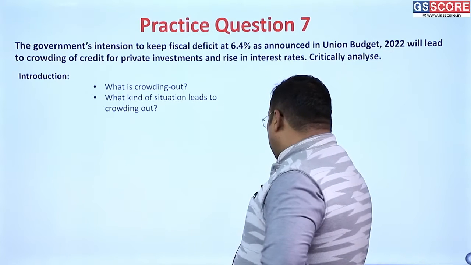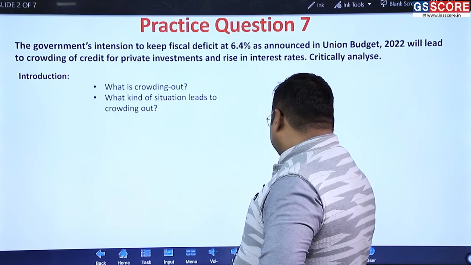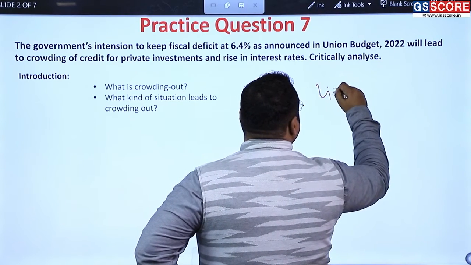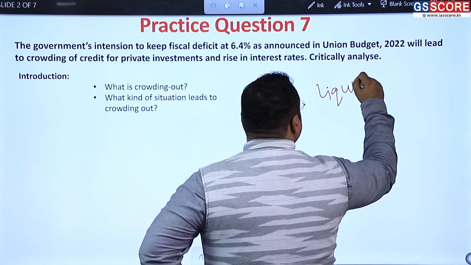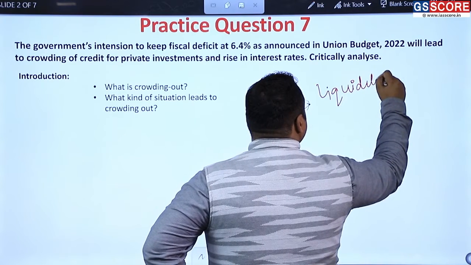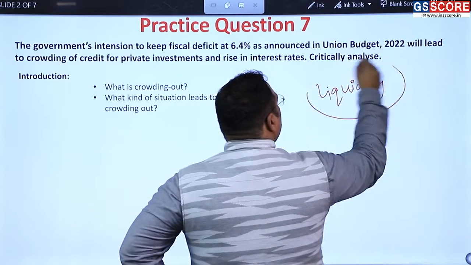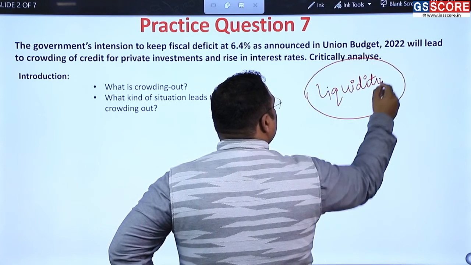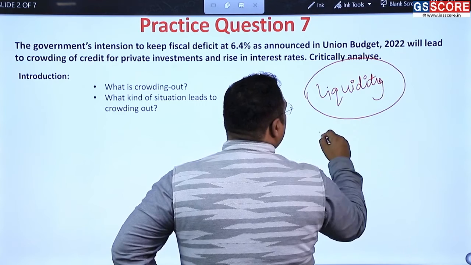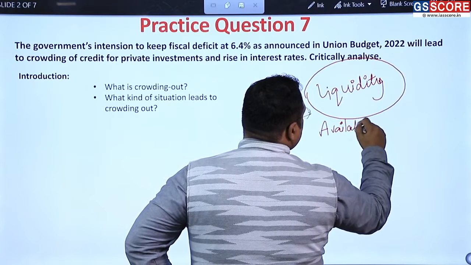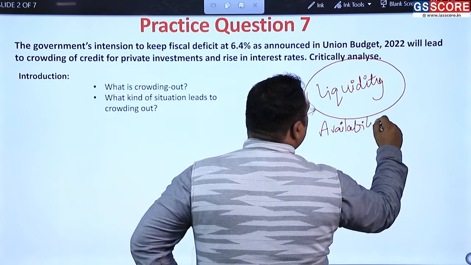There is something called liquidity here. Liquidity basically is the availability of credit or money supply in the financial market.